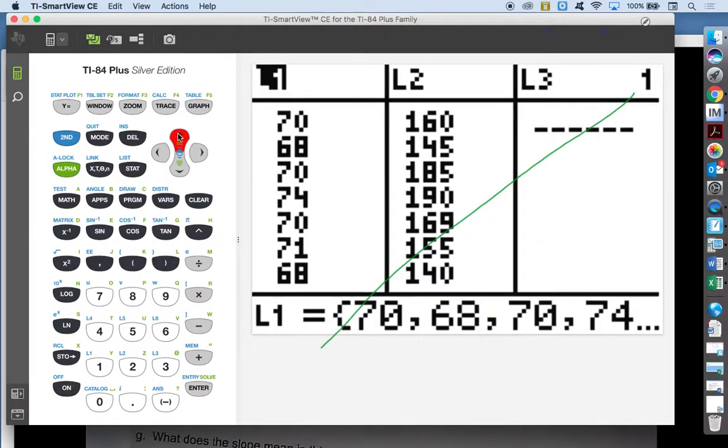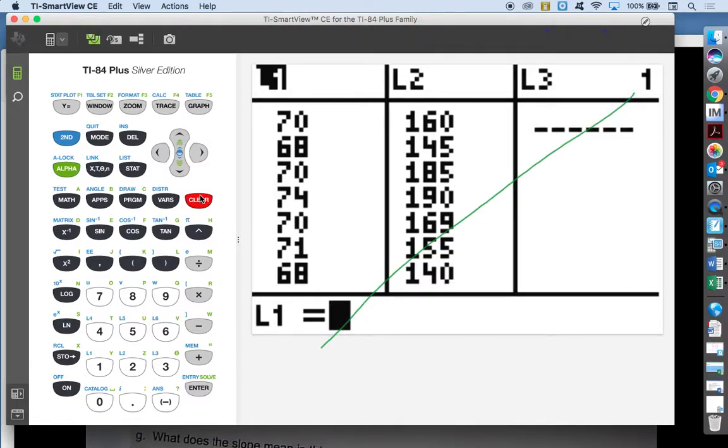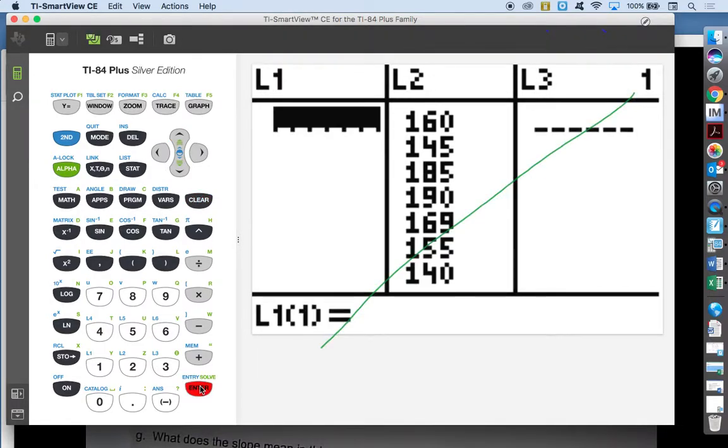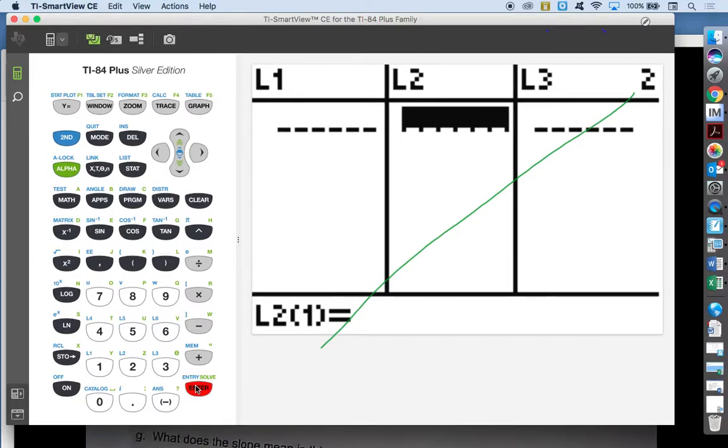So if you go up and make L1 bold, hit the clear button and then the enter button, and it wipes it all out in one swipe. And then arrow over to L2, clear, enter, and then it's all gone. Don't type or hit the word delete. That actually physically deletes that L1 from your calculator. It vanishes. And then you have to wipe out your memory and go back to the original memory to get it back. So never delete, clear, enter.